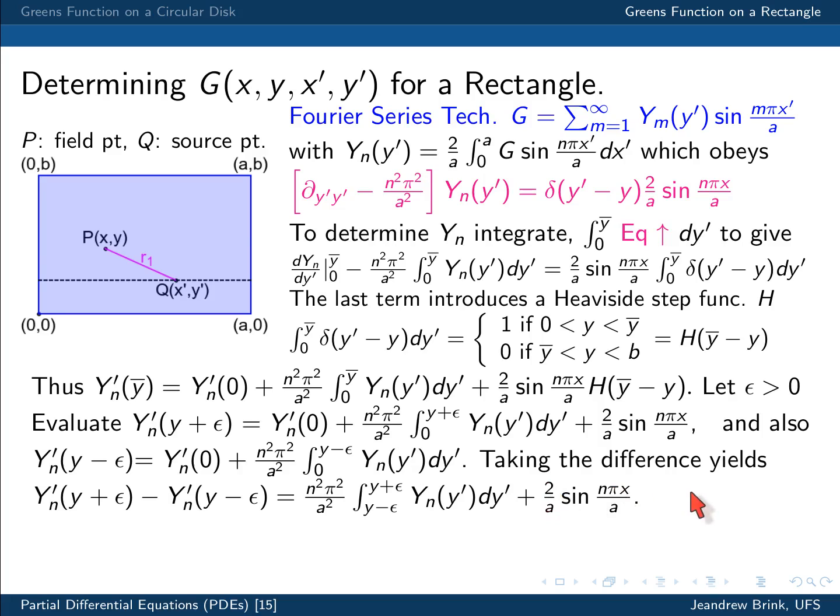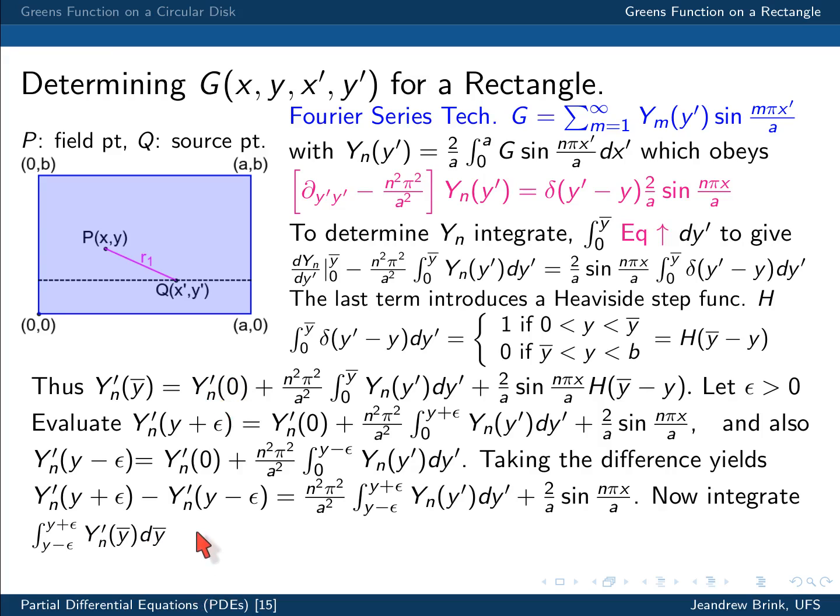The next thing we can do is integrate once more, okay, and by integrate I mean we can integrate this expression for y prime n of y bar from basically y minus epsilon to y plus epsilon. And if we do that, note that this is just an integral from minus epsilon to epsilon of a constant.